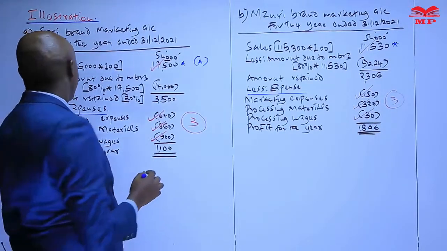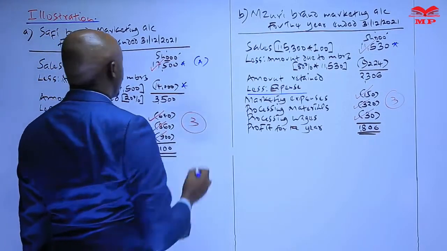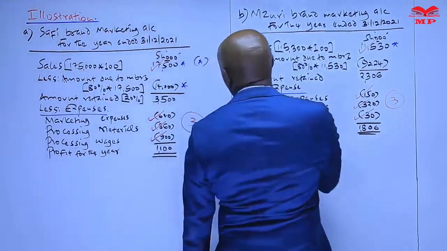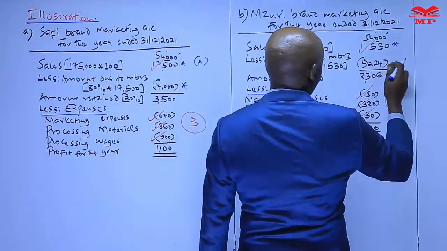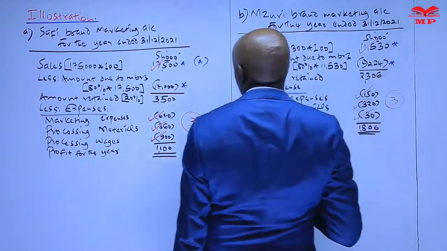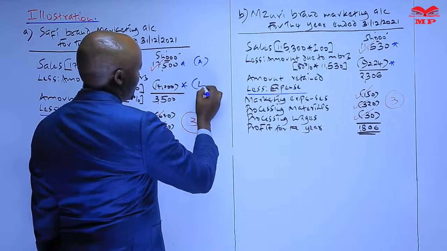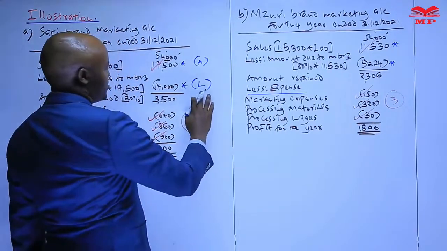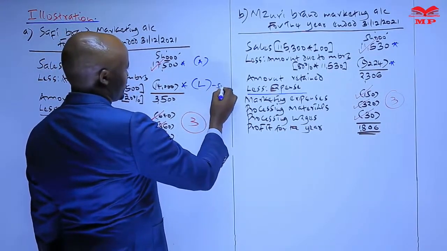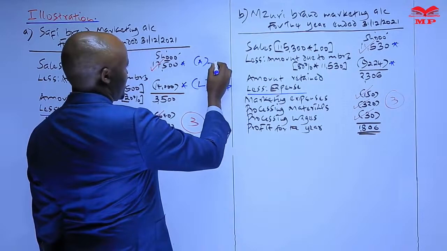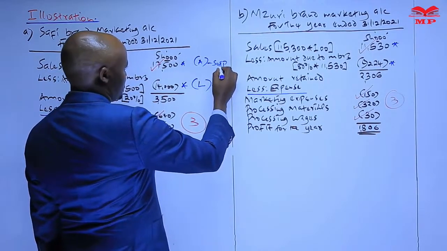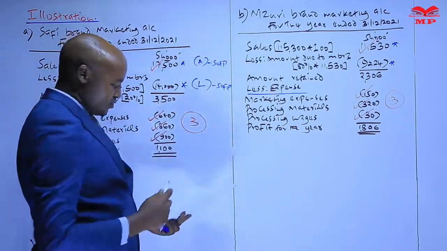On the other hand, this particular amount which was due to the members, 80%, was not yet paid to the members of the cooperative society when the year was coming to an end. And therefore, in preparing our statement of financial position, this one will be recorded there as a liability, because this is what the cooperative society was supposed to pay to the members.